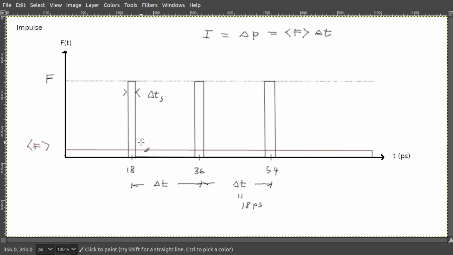It's just on all the time. It will do the same job, right? It would slowly turn that particle around and give it its change in momentum. And so this force is basically going to be equal to the big force times that small change.